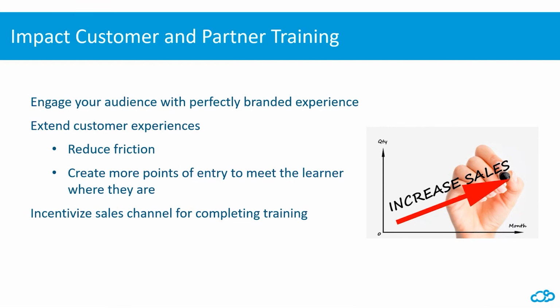Yeah, what many organizations either struggle with or attempt to replicate is to increase their branding footprint to make sure that there's no disruption to the traction of the user experience. And basically, with engaging your audience with a perfectly branded experience, right?